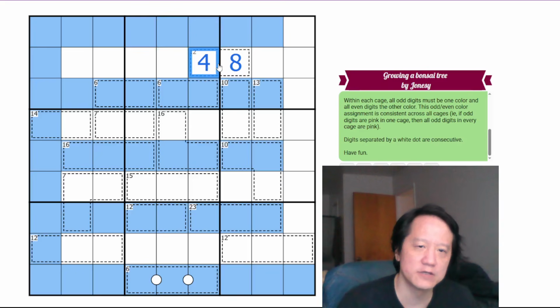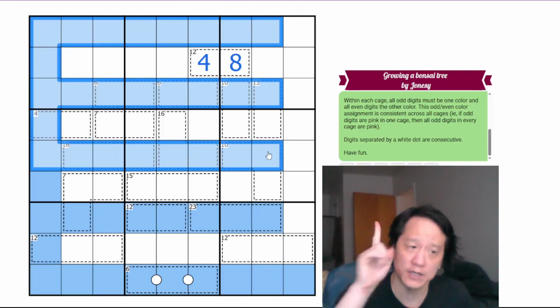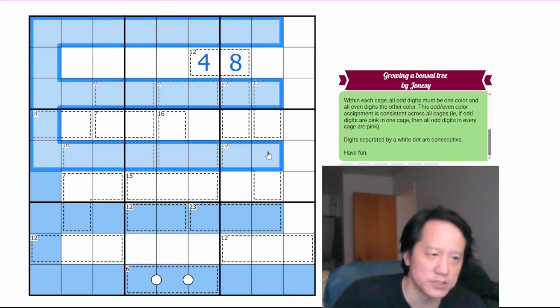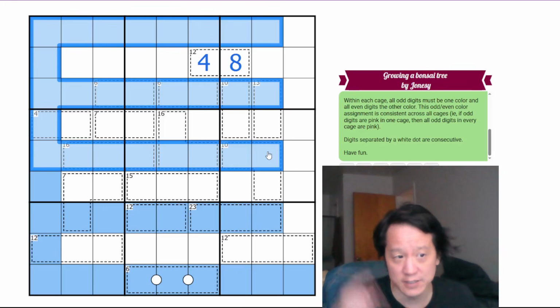And that's the color constraint for the yin-yang shading: in the cages, all odd digits are one color, and all even digits are a different color.